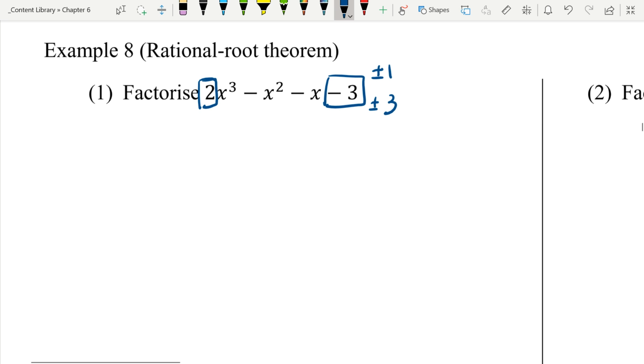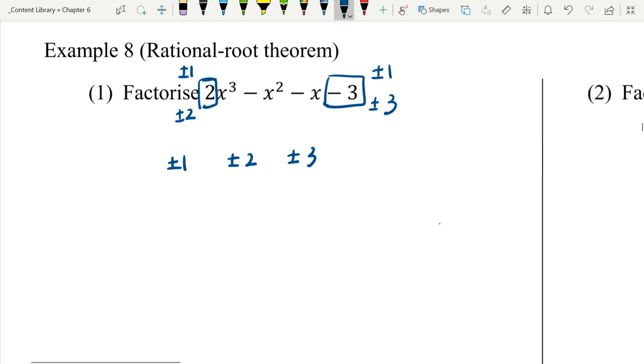So what are the factors of 2? Plus minus 1, plus minus 2. So overall there are 6 values worth us trying, which are plus minus 1, plus minus 2, plus minus 3. And the nightmare is none of those works.